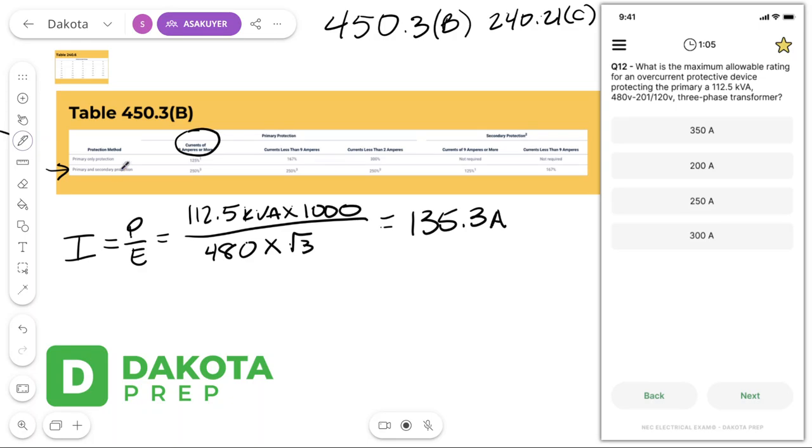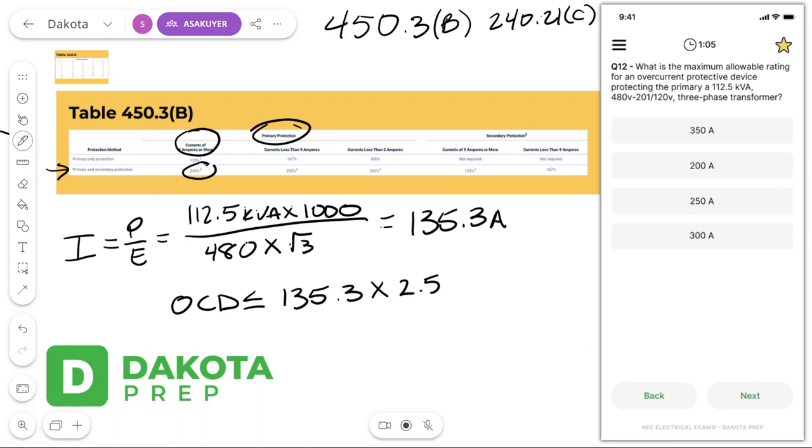So second row, first column here for primary protection, tells us, hey, you could size this all the way up to 250%. So, okay, our primary protection overcurrent device has to be less than or equal to, it can't exceed, this is the maximum setting of, in this case, our primary current rating, 135.3 times 250%, or 2.5.